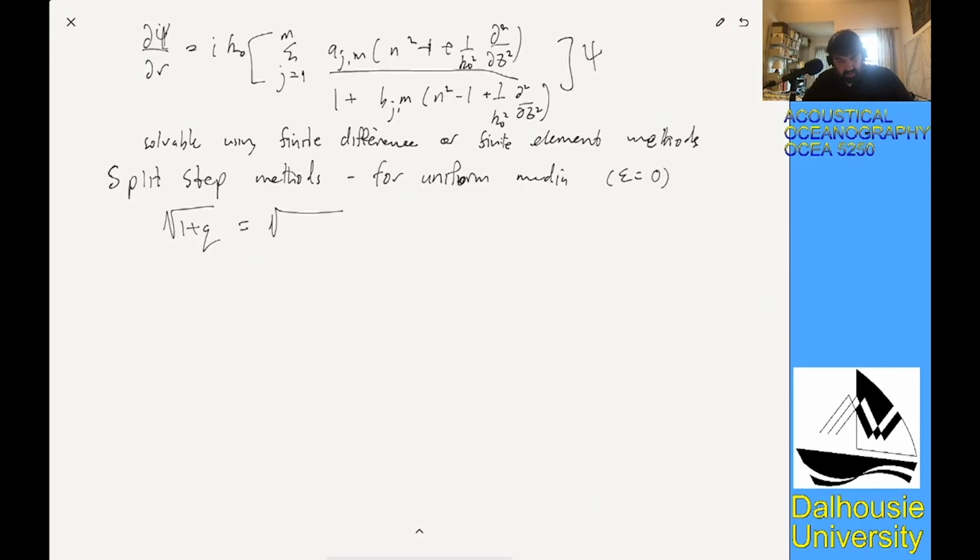Now 1 plus mu plus epsilon equals 1 plus mu plus 1 plus epsilon minus 1. So we can rearrange this and write minus 1, 1 plus epsilon, 1 plus mu.